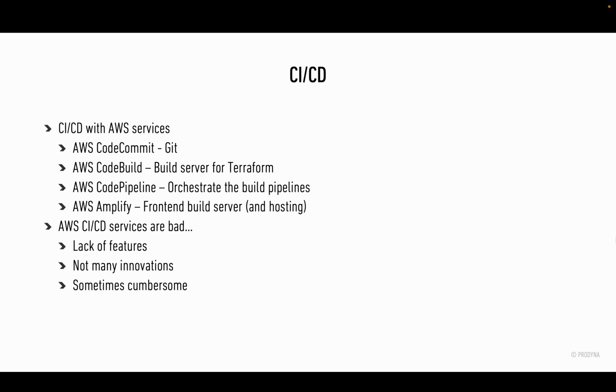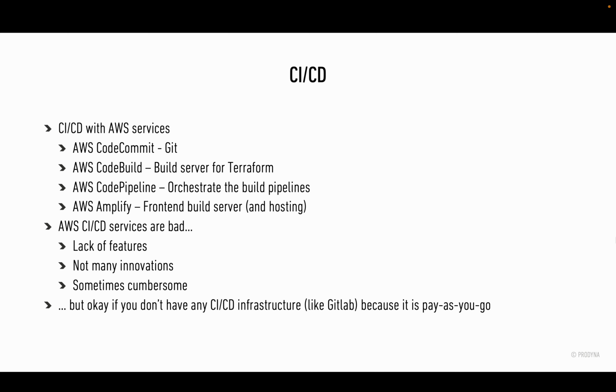So now you ask why we used these CI/CD services from Amazon when they're bad. Because in this special project, it was okay. Because NOW didn't have a huge internal IT, and they didn't have any CI/CD infrastructure at that time, so they only needed the CI/CD infrastructure for this project.